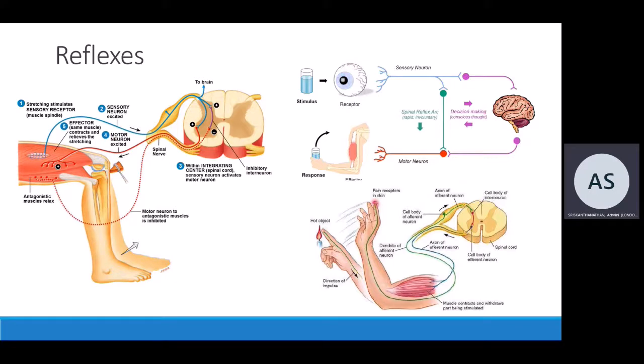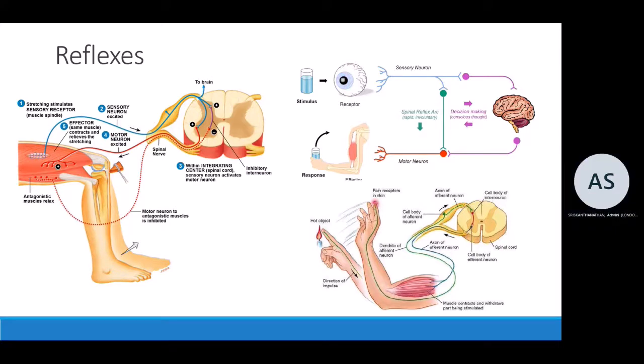At this point, you have a branch going up to the brain, and a branch which synapses within the dorsal horn. You have this relay neuron in there, which relays this information into a motor neuron. This motor neuron then comes back and stimulates your muscle depending on your sensory input and also the feedback from the brain.